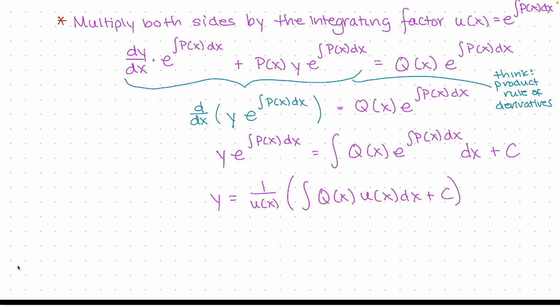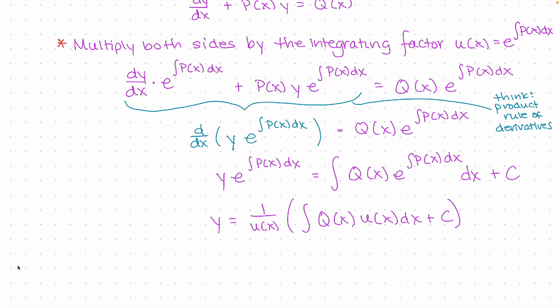So right here when we're multiplying both sides by u of x, first I'll explain it and then we'll write it in words off to the side. This is e to some power. Now, when you're doing this integral, it doesn't always happen, but let's say that this integral ends up being something with a natural log. So let's say that you were integrating 1 over x.